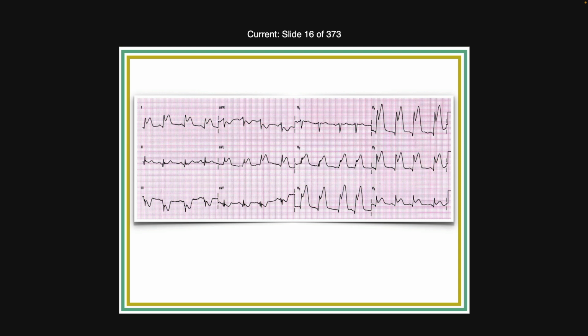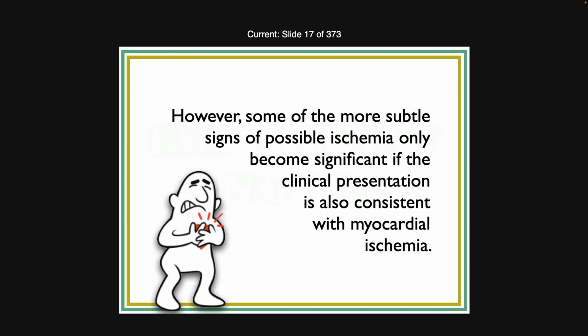But what we're talking about today are cases where maybe there's a STEMI and maybe not, but either way, the signs are very subtle. In that case, clinical presentation becomes more important because we're trying to figure out what's happening here. Some of the more subtle signs of possible ischemia, such as T-wave changes, can also happen with other underlying conditions, so we want to ask, is their presentation consistent with ACS?